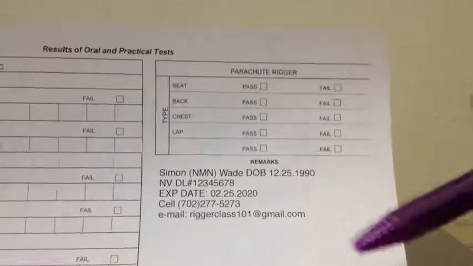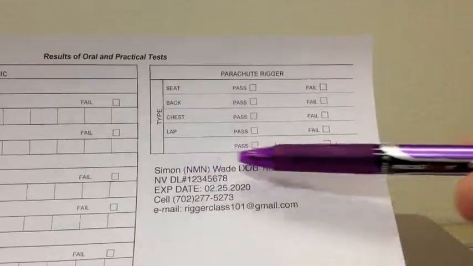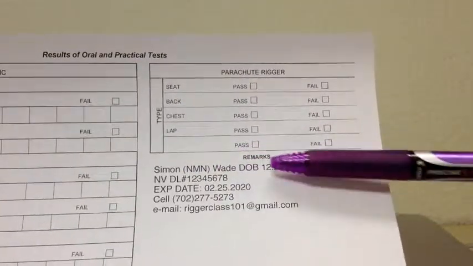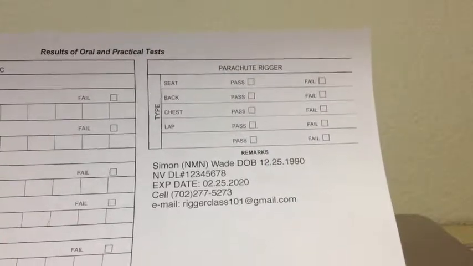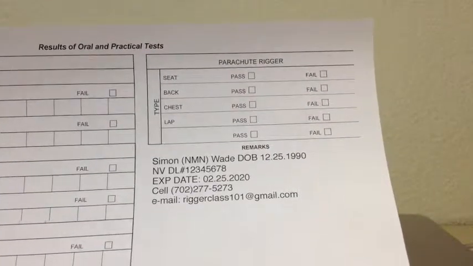You'll notice this form is printed on two sides. If you are not capable of doing that and you end up with the back printed on a separate side, in addition to the other information, you will also need to put your full name and your date of birth so that they can make sure that the front and the back of the form match.